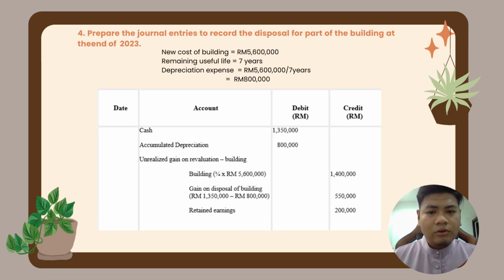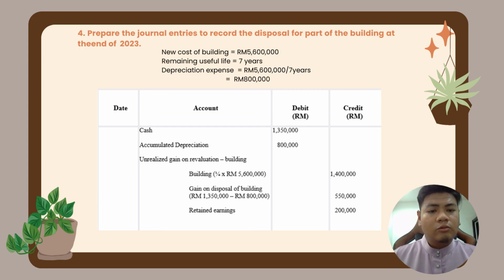Number 4, prepare the journal entry, record the disposal. We take the cost of the building 5.6 million and useful life 7 years, and we divide, we get 800,000 per year. That means the accumulated depreciation per year is 800,000.